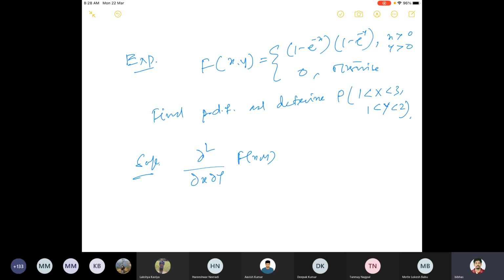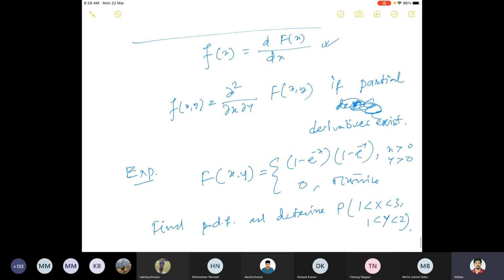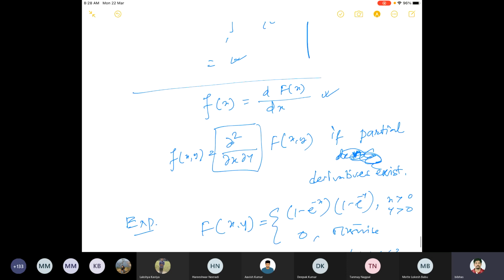If you recall Math 1, this need not be equal to del square by del y del x. But here we'll assume that these will be equal if the partial derivatives exist and are continuous. Then we always say these are equal, and that's how we can get the PDF.